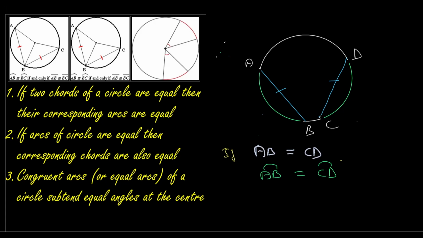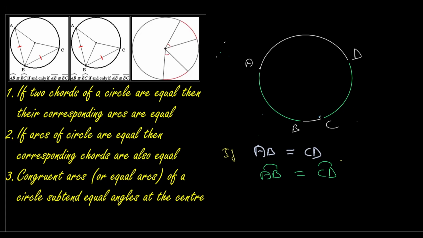Now the last one says that congruent arcs subtend equal angles at the center. By congruent arcs, what does it mean? It means the arcs are equal. So let's say I take AB and CD as two arcs over here, look into the figure.